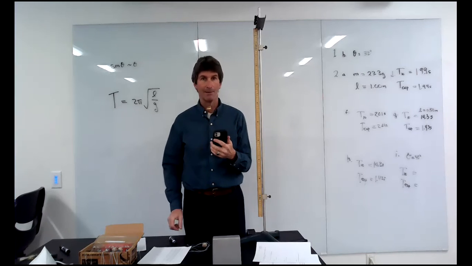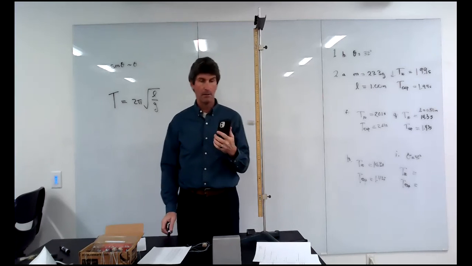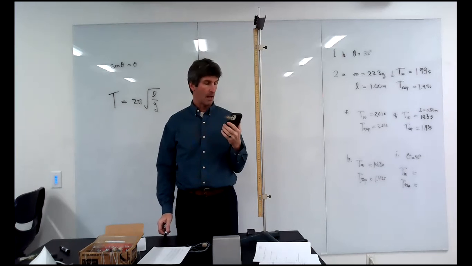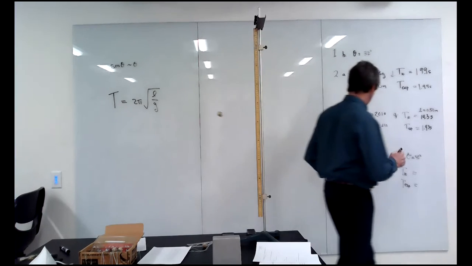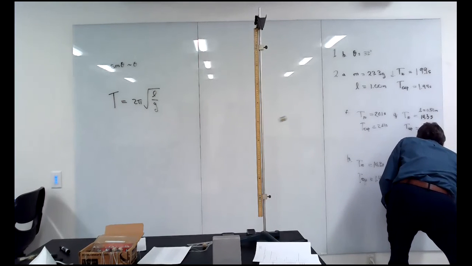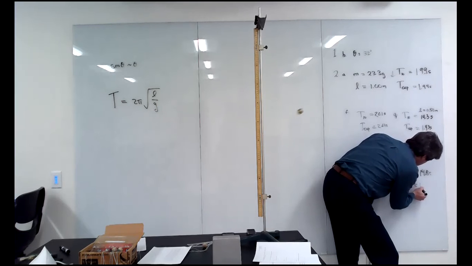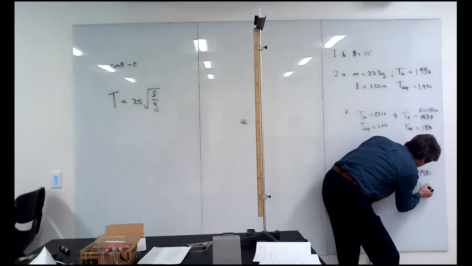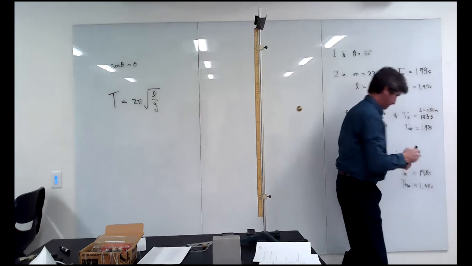Okay. So it's not a huge difference, okay? My time is 14.8 seconds. Okay? So that means that my experimental value for one oscillation is 1.48 seconds.